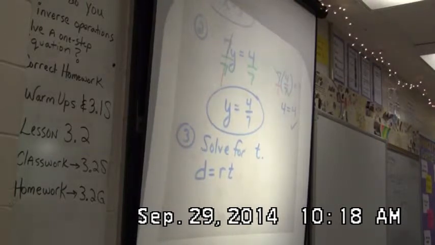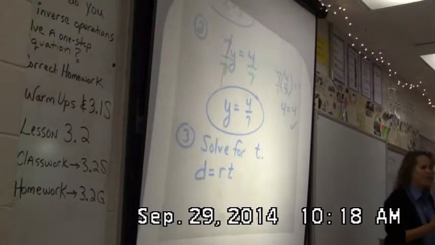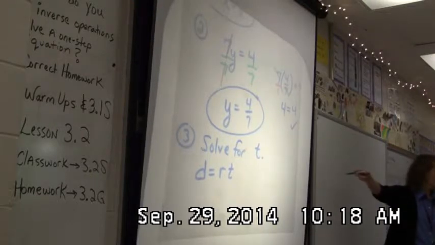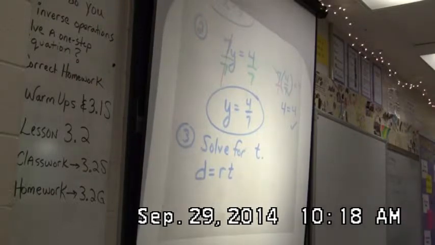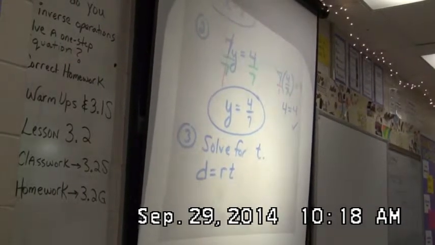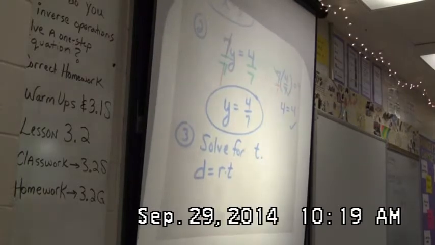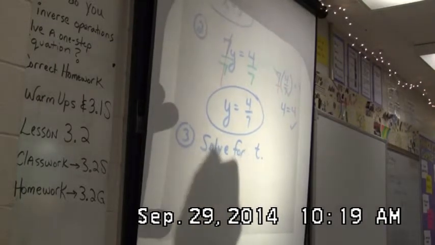All right. Now, if you're going to solve this equation for t, that means you want to get t by itself. Who do you need to get rid of? The r. If you want your t by itself, you're going to have to get rid of the r. And this is multiplication, so how do we get rid of the r if it's multiplying? Claire? R. Excellent. We're going to divide both sides. Trey, what are we dividing by?